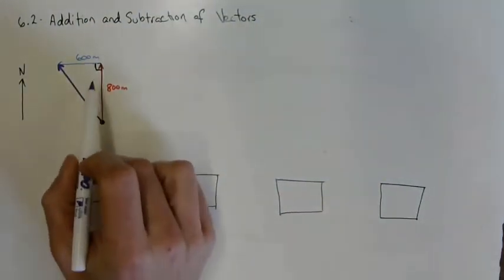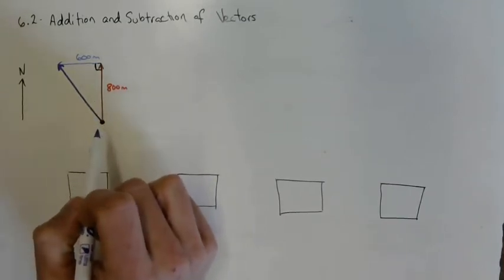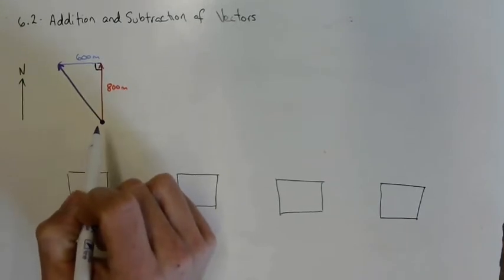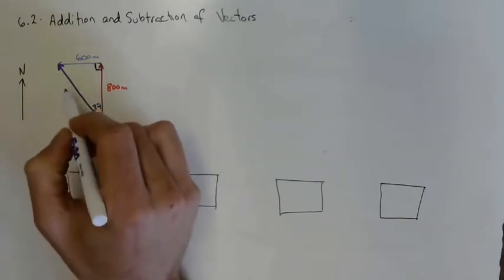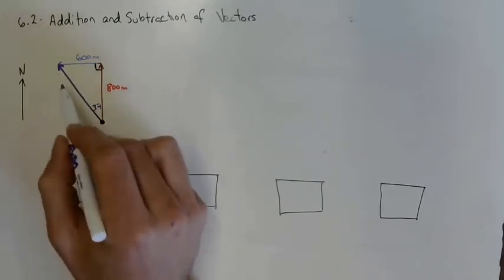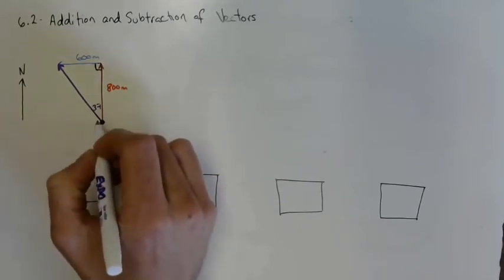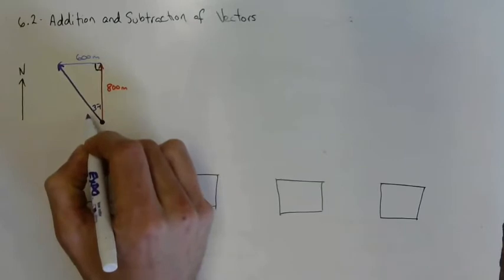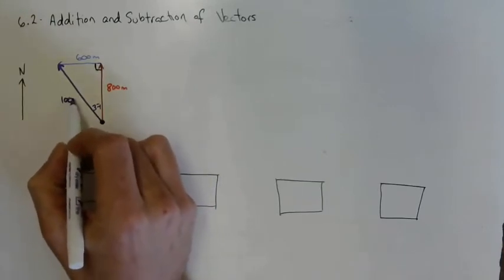And you can see that since we're in a right angle triangle, we can use pretty simple trig. You can use SOHCAHTOA or you can use Pythagorean theorem to figure out the magnitude of this vector and the direction of this vector. The result is that you would have walked at an angle of north 37 degrees west for 1,000 meters.